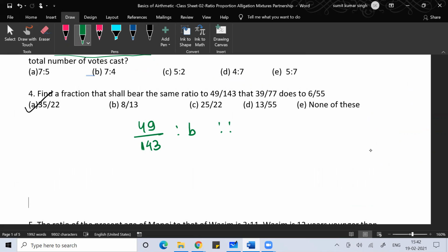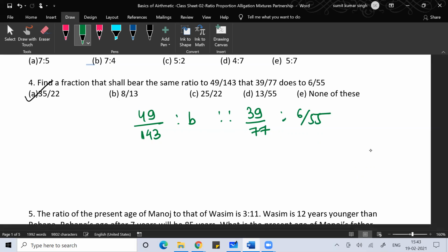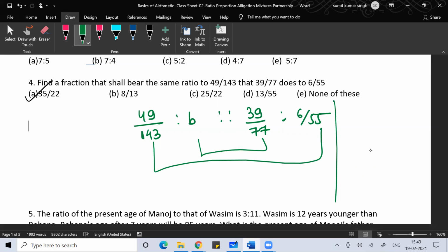Then the same ratio that 39 by 77 does to 6 by 55. Now what you do, simply solve this. You know how to solve a problem of proportion. So 49 by 143 into 6 by 55 is equal to 39 by 77b.